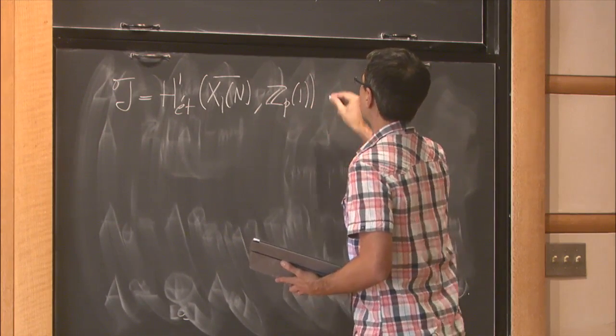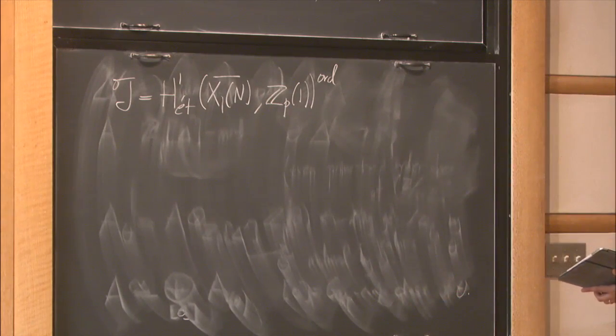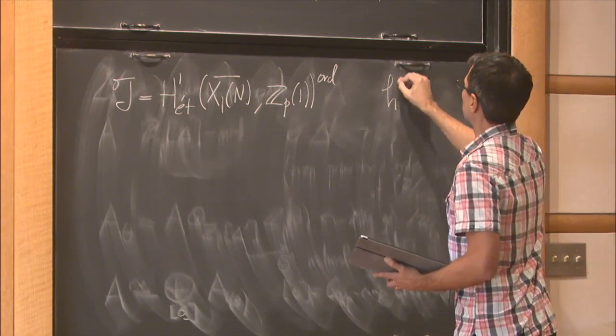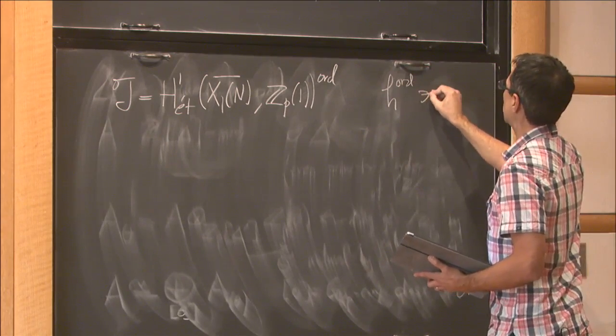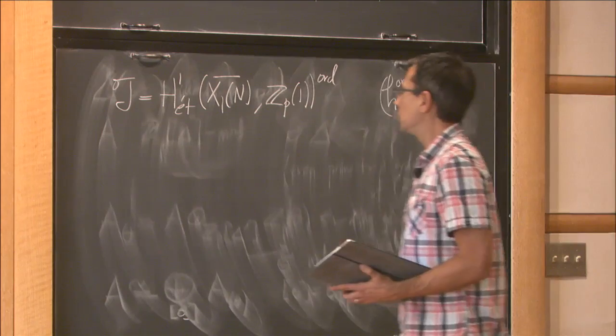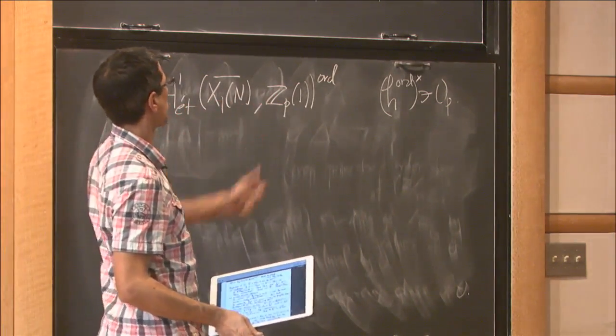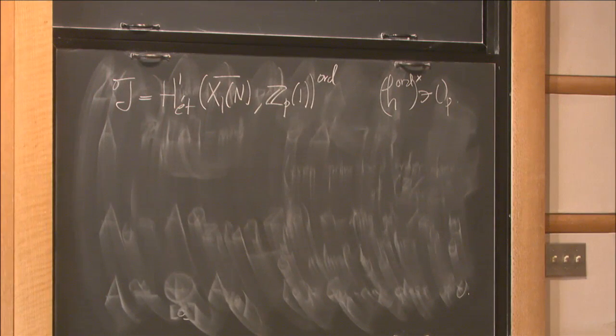And let me take its ordinary part. There's an idempotent which projects to the ordinary part. So H ord is the maximal summand in which U_p is invertible, so a direct factor. So take the ordinary part of this T. It gives you Galois representations attached to ordinary forms, for instance.